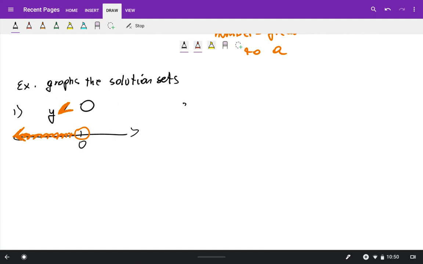Let's do the second example. You have x greater than or equal to -5/4. On the number line, I'm putting the number which you have on the right side. I recommend that you keep the variable on the left side of the inequality symbol and the number on the right side. Since you have an equal sign, your solution set will include -5/4.